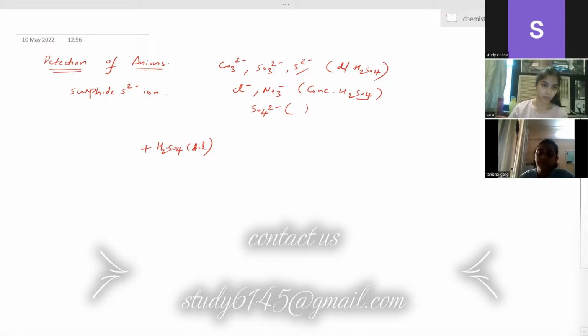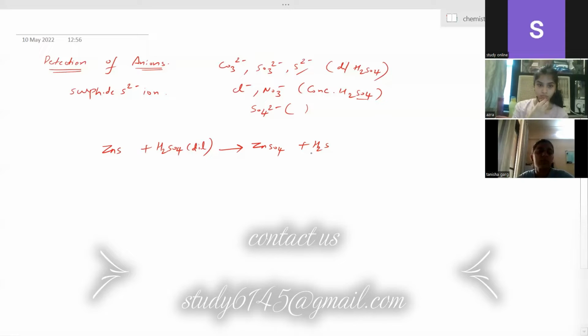How can both acids react? Zinc sulfide plus dilute H2SO4 gives H2S and ZnSO4. Perfect.